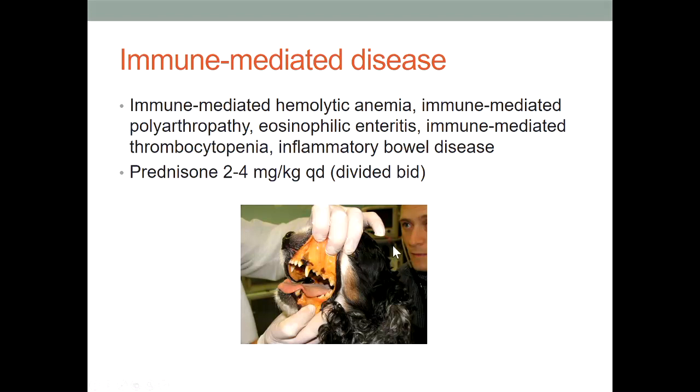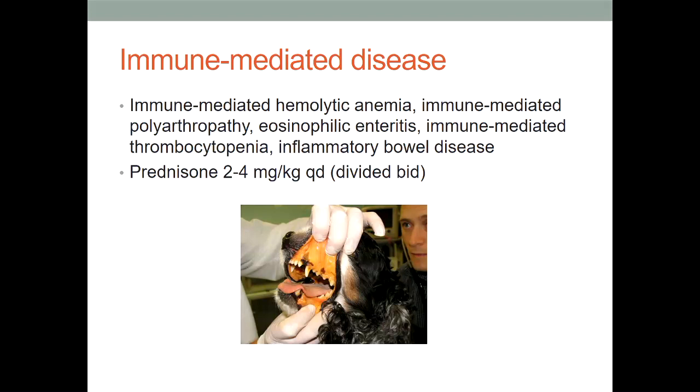Does anybody recognize this person? That's when Jared Williams was a student here. Seriously, that's when he was a fourth-year student here. This was one of the cases that he had. Okay, so the dose for this is 2 to 4 mg per kg divided. So you're either going to use 1 mg per kg twice a day or 2 mg per kg twice a day.